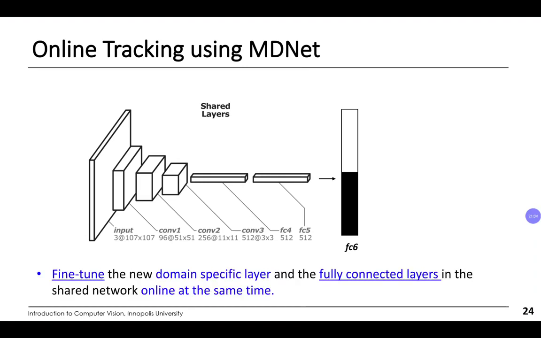So here they fine-tune this new domain-specific layer and the fully connected layers in the shared network in the online setting. So this is going to be fine-tuned when they predict the places where the object is, and then they log the location.